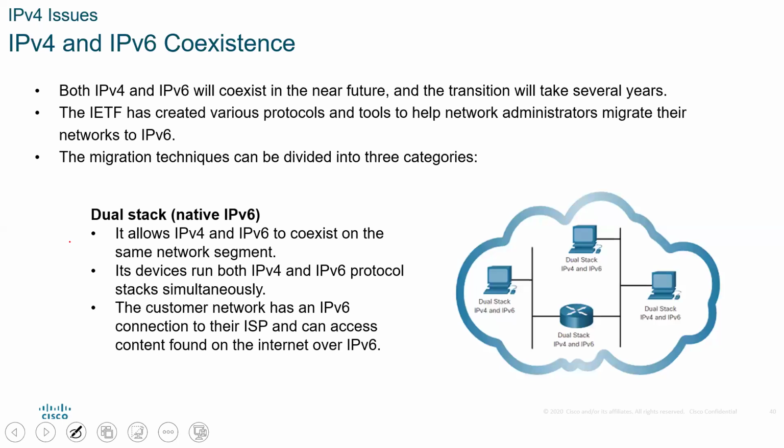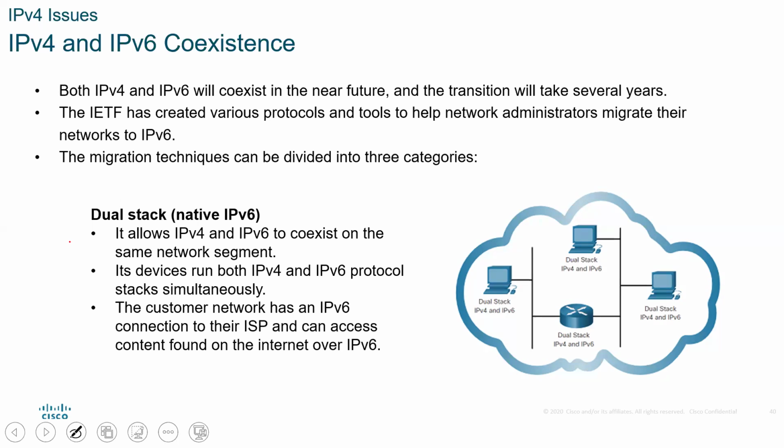But are we going to just do away with IPv4? The answer is no. They're going to coexist. There's a technology that is available so that the two IP addresses will coexist until the one phases out. One technology is called the dual stack. This dual stack allows IPv4 and IPv6 to coexist on the same network, which means some computers will get IPv4, some computers will get IPv6 on the same network.